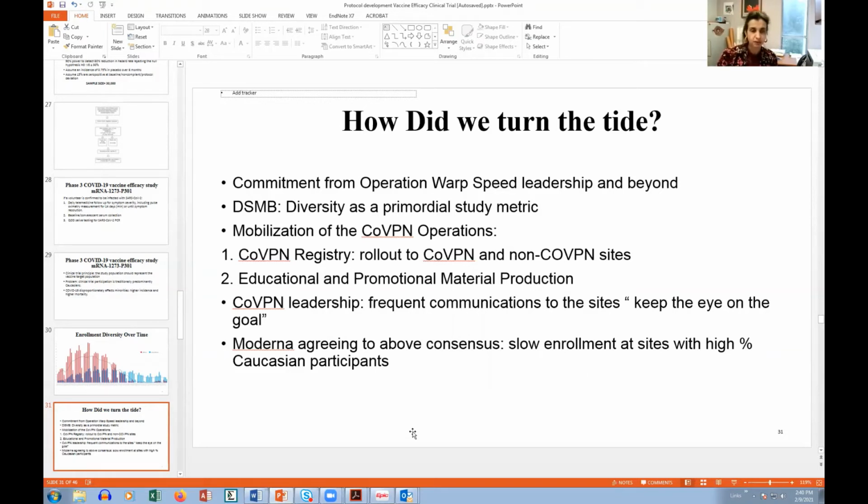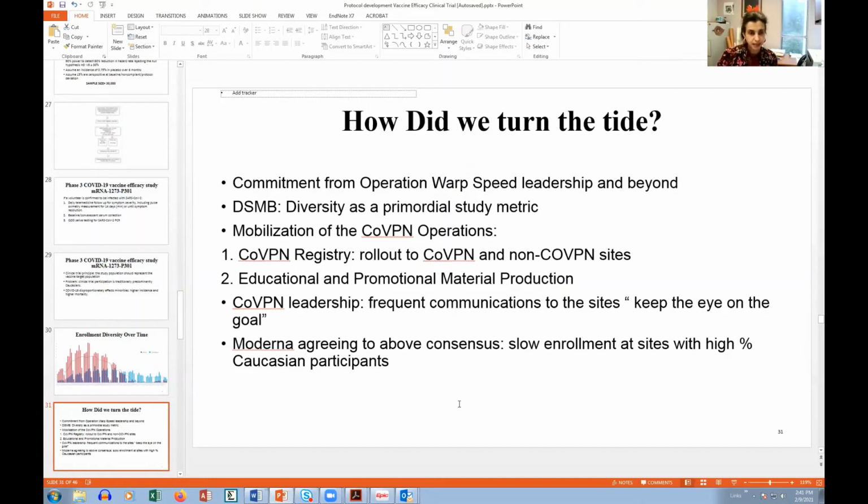The CoVPN registry was rolled out initially only to CoVPN sites, but then to improve the diversity across the study, it was rolled out to all the sites, the private and the academic. And they helped us with educational and promotional material production. The CoVPN leadership reached out.